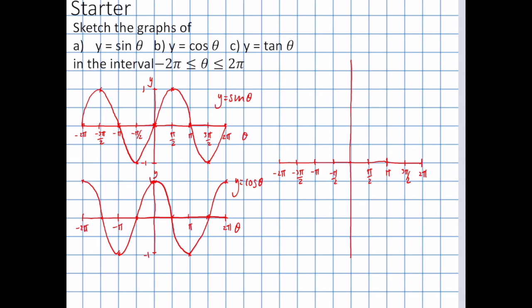Remember, the tan graph has got some asymptotes. So we've got asymptotes at minus 90 or minus pi over 2 and 90 degrees here. There we go.